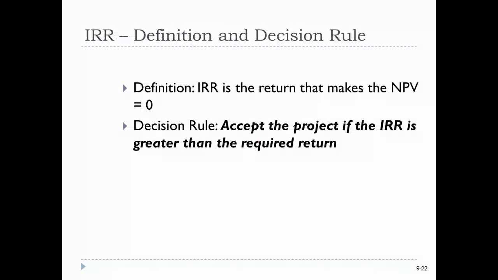The definition of the IRR is that it's the rate of return that makes the net present value equal to zero. Now, if we think about this, we could write out the expression for net present value in this way.